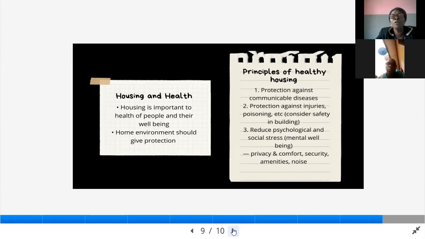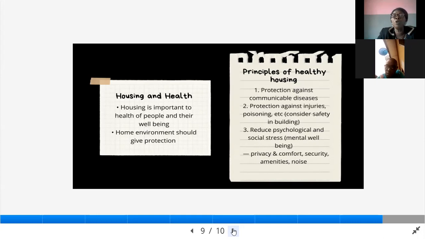And we must consider the safety of the building. That means we must not use low quality materials to build, otherwise the house will be in danger. These are the principles of healthy housing.